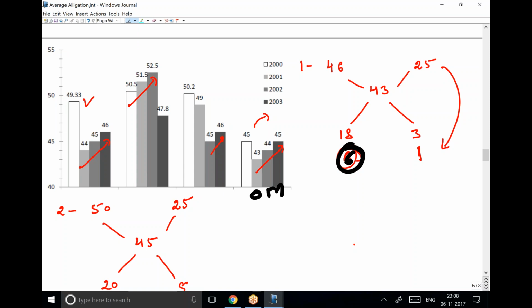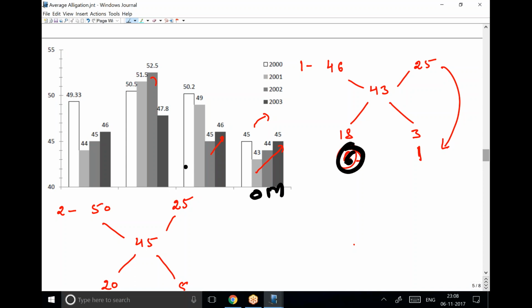Similarly, you can look at another part also here. Another part we can immediately say from here. If you look at this particular part, next year it has to be 50.33. But because 1 person joined here, that's why it came down to 44 here.